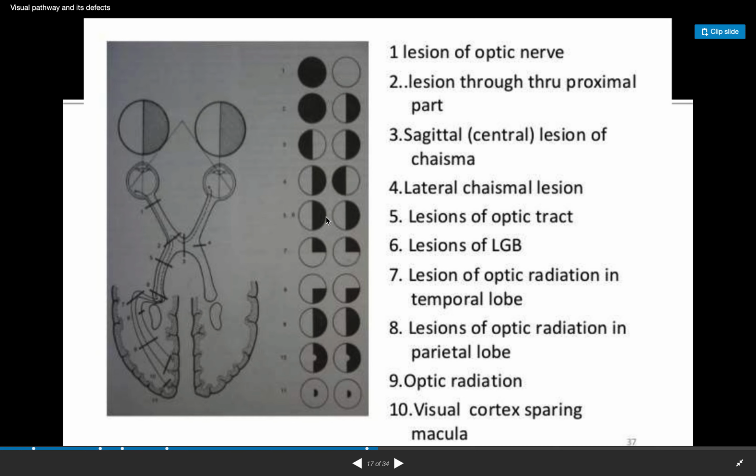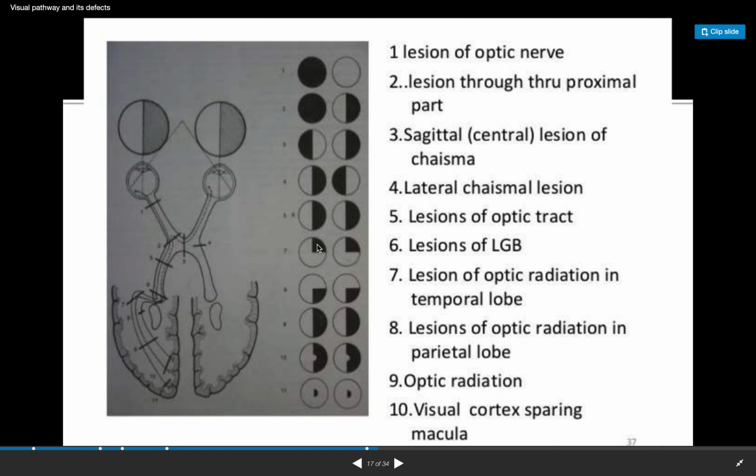Lesion in the optic tract, this is homonymous hemianopia, left sided homonymous hemianopia. Lesion in the lateral geniculate body, same lesion, homonymous hemianopia. Now lesion in the optic radiation, number 7, optic radiation in the temporal lobe. Temporal lobe lesion will cause superior quadrantanopia on the left side, and lesion in the optic radiation in the parietal lobe, inferior quadrantanopia on the left side.